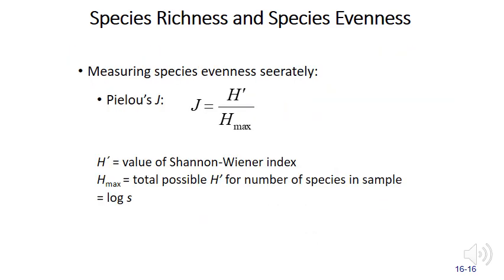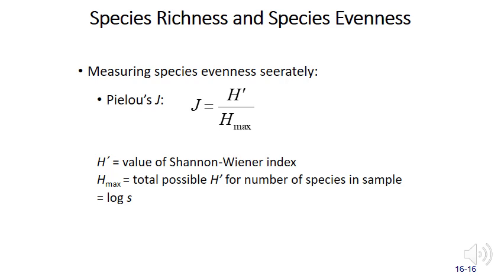So species evenness can also be measured independently, and the most common way of doing that is by using a model called Pielou's J, which is a model devised by a Canadian ecologist, Evelyn Pielou. So in this equation, H obviously means the Shannon-Weiner index value, and H max is the Shannon-Weiner value, assuming that all the species in the community are exactly evenly distributed.